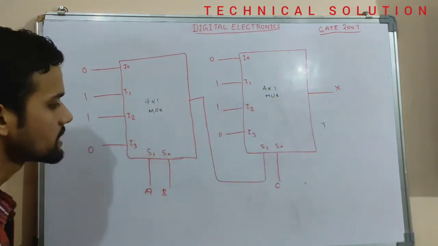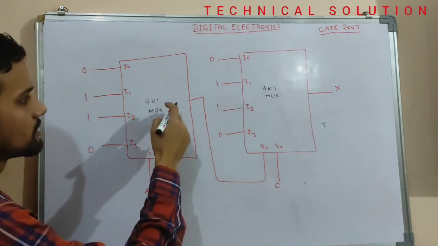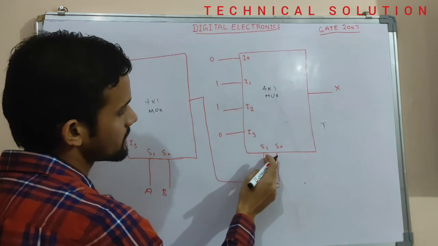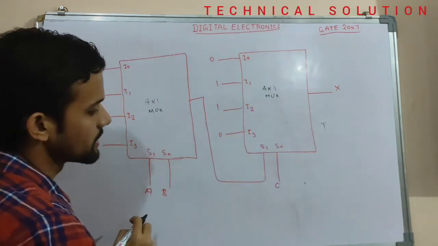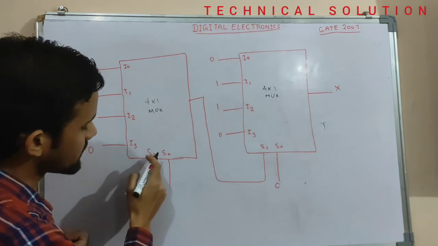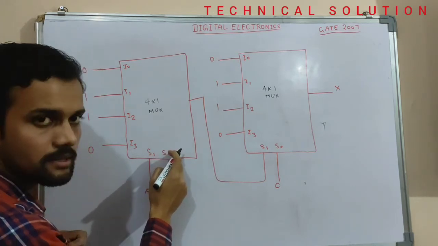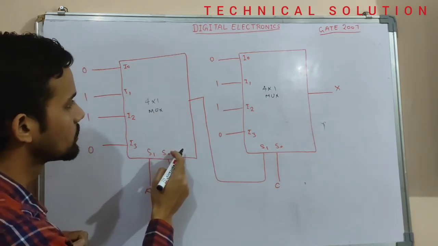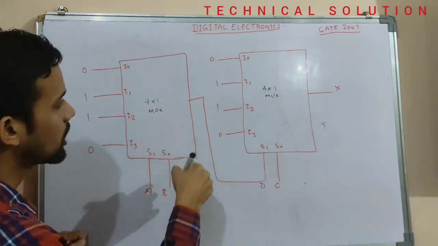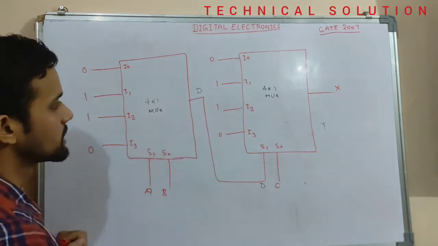In this circuit, the output of the first multiplexer behaves as a selection line for the second multiplexer. In this, S1 is the MSB, whereas S0 is the LSB. Let us suppose this is D, and find the output of the first multiplexer.